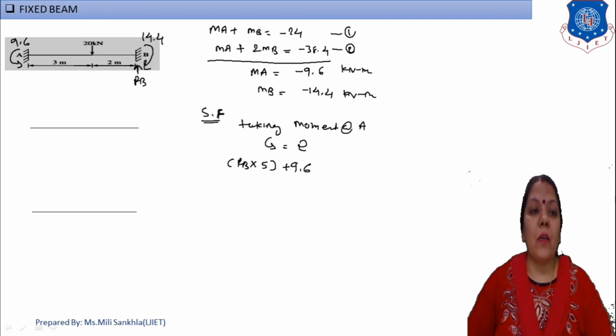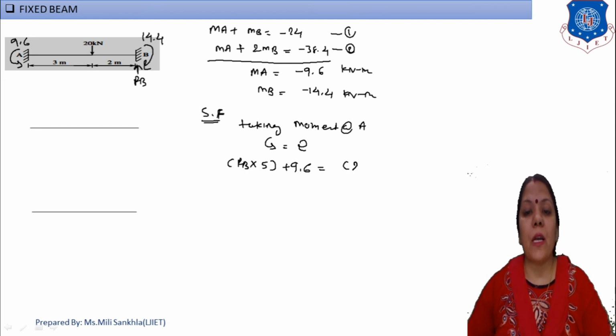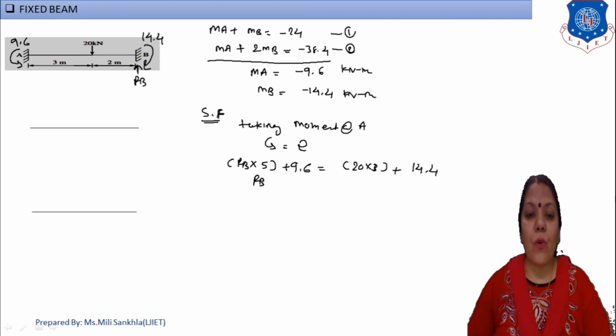Next, my clockwise moments are 20 into 3 with respect to point A, plus 14.4, which is again a clockwise moment. And the answer is RB is equal to 12.96 kilonewton in the up direction.